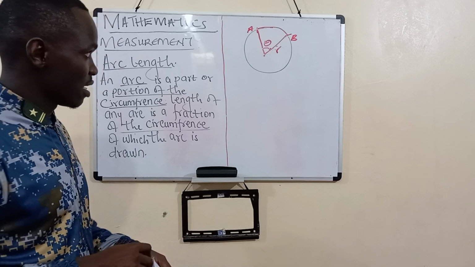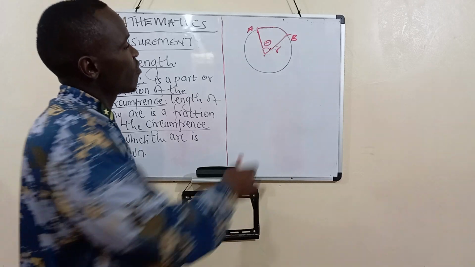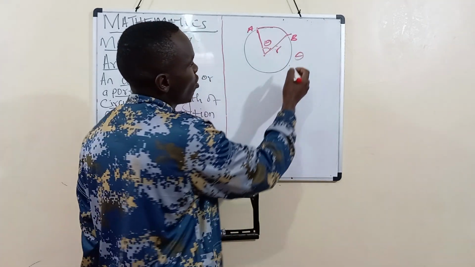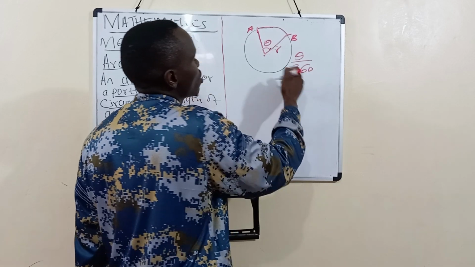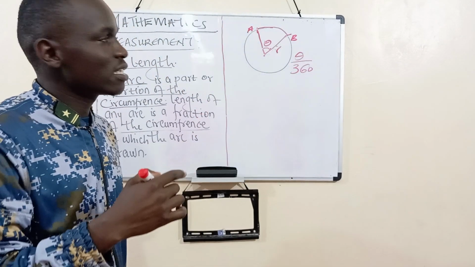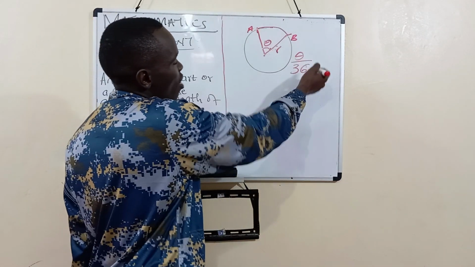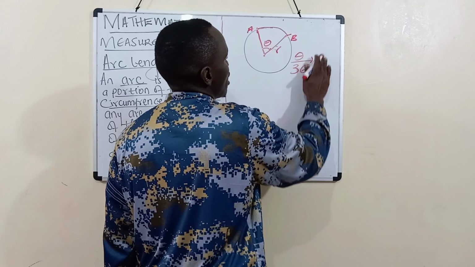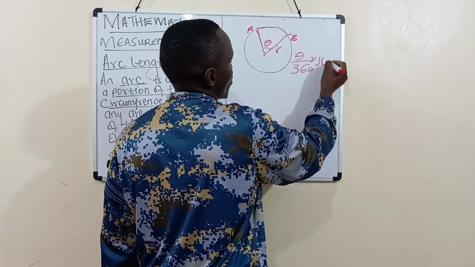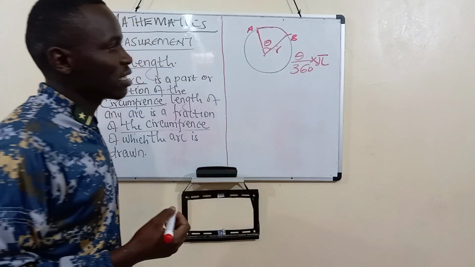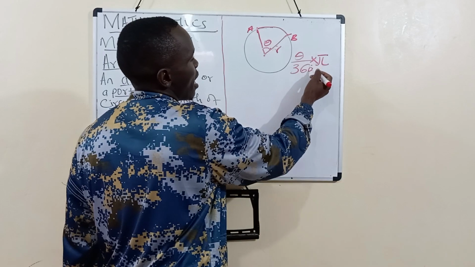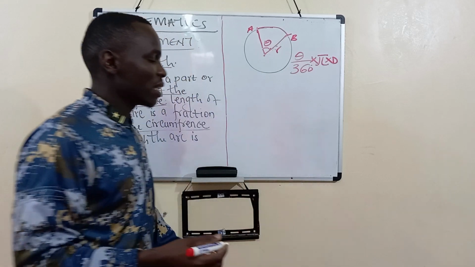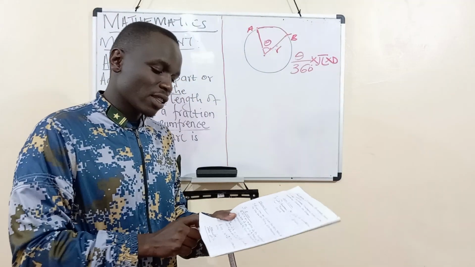When we want to get the fraction here, we can talk about theta, which represents the angle, all over 360 because the whole circle adds up to 360 degrees, multiplied by pi multiplied by the diameter. That is how we obtain the length of an arc.